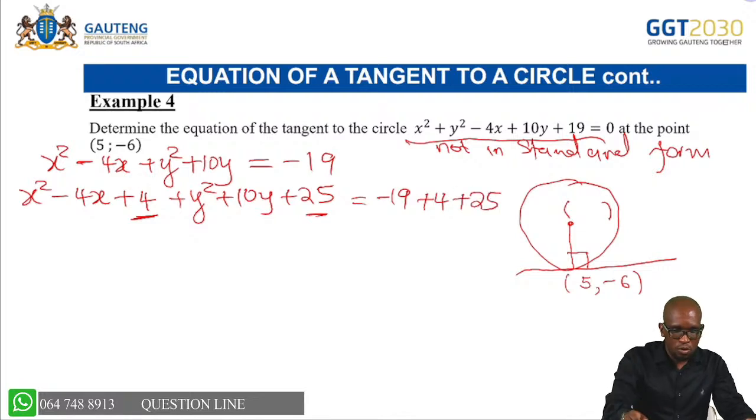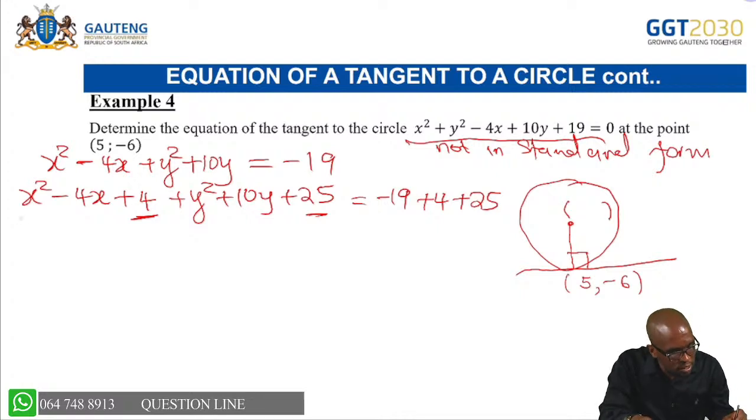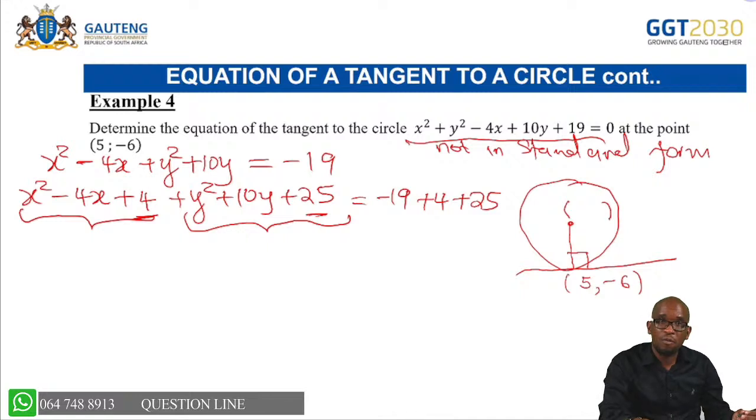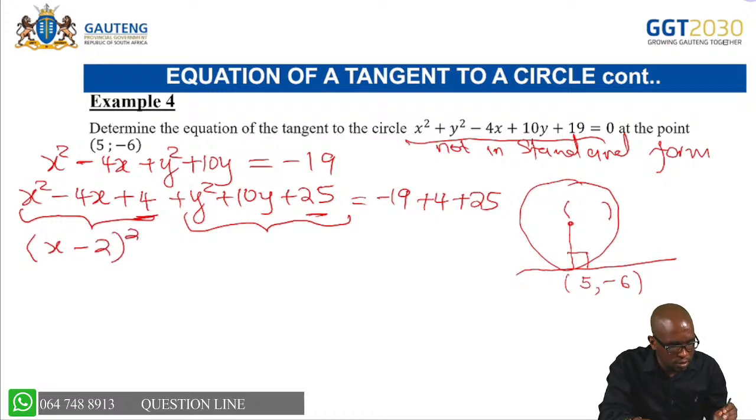Now, in doing so, I am able to complete the square for the x variables and for the y variables as well. So through completion of the square, we take the square root of the leading term x squared, which gives x, then we take the sign of the middle term, minus, and the square root of the last term, 4, which is 2, and then that's squared.